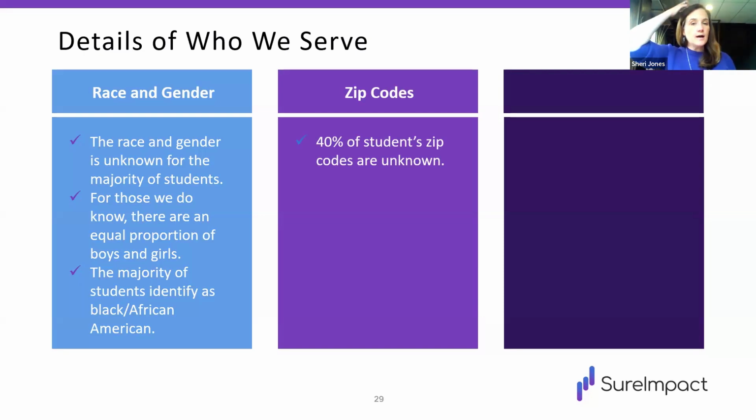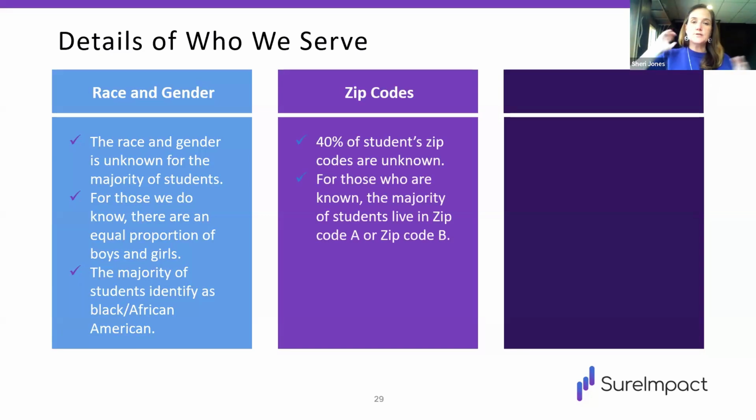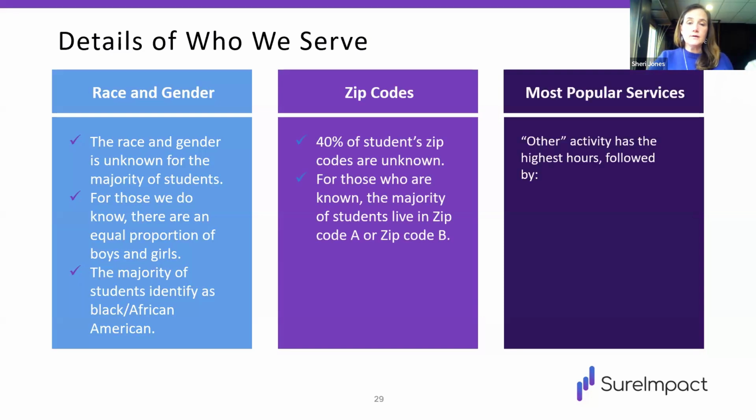However, 40% of the students' zip codes were unknown. So again, that's a data quality visibility piece where it's like, if we really want to understand place-based analysis, we probably should work to collect more zip codes. But they also knew, for those that they knew, the zip codes where most of the youth were coming from.